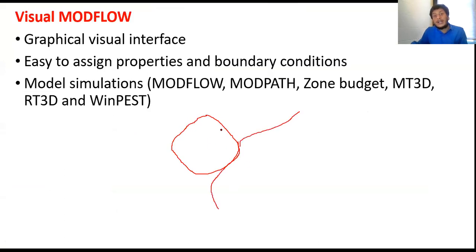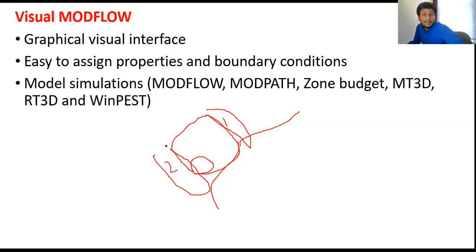We have the sea here. We have the Godavari river, river A here, and we have another river here, river 2. This is my study area, and it has the biggest, longest lake, a pure water lake. This is the study area condition in the model. So I'm going to address that.